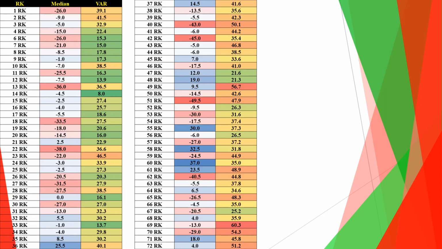This is the variation. Where is the variation? Red and orange are going to be higher variation, and of course we get the highest variation in the top 3, and then a low variation here. Okay, for the most part, pretty good.